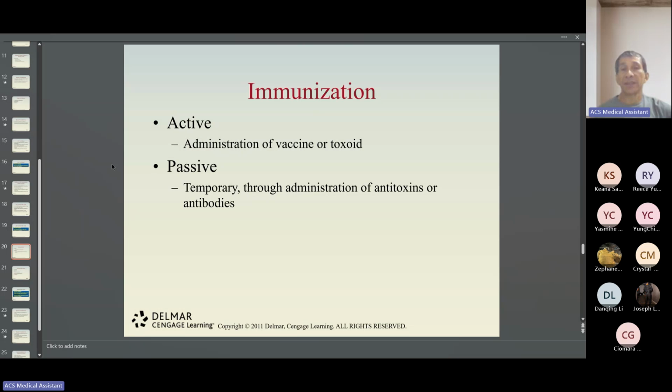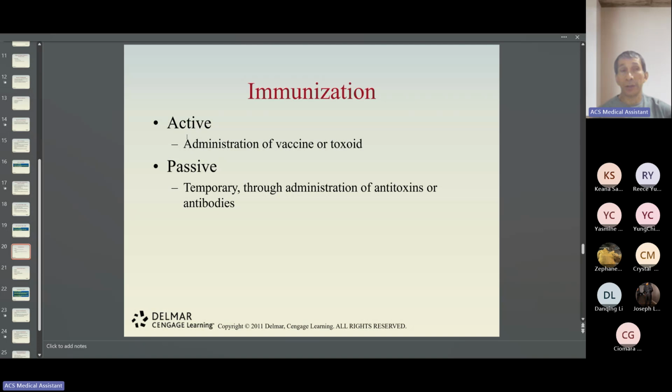Now, this passive can be in a way of breastfeeding. So that's basically you give some antibodies to the child. You reinforce the immune system of the child. Remember, active through vaccines, passive through other means like breastfeeding.